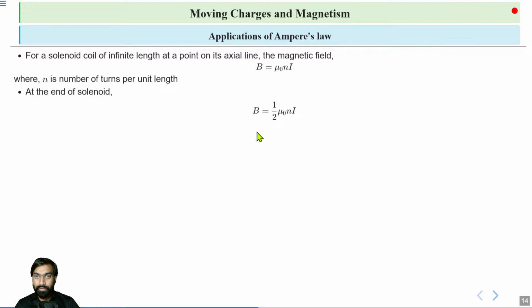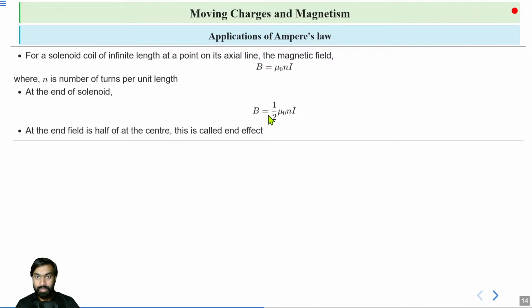The magnetic field at the end of the solenoid is B equal to 1 by 2 mu naught n I. At the ends of the solenoid, the magnetic field is not as strong as at the center. It is actually half of the value found at the center.